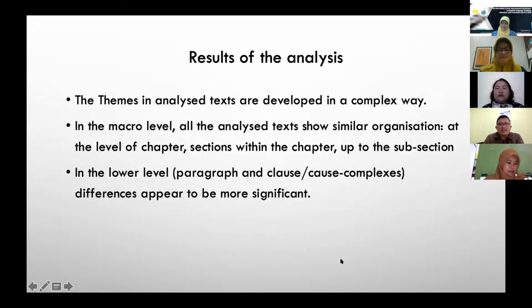And then the theme is analyzed. The themes in the analyzed text are developed in a complex way. This is the result. Among the 5 introductory texts that I analyzed, all employ similar, or I can say almost the same, way of having the sections, because it is stated in the guidelines for writing thesis.